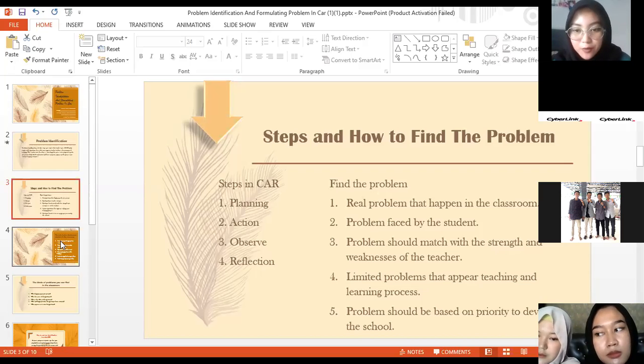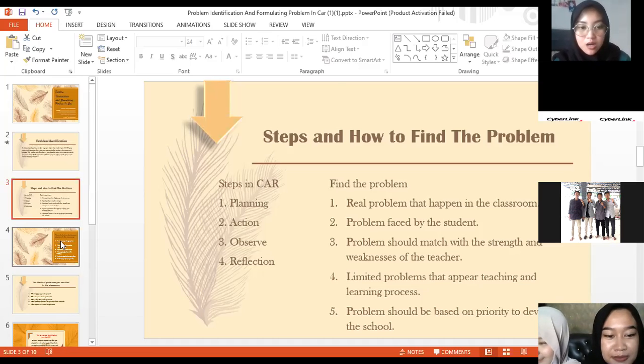And the fourth one, there is a limited problem that appears in the teaching and learning process. This research is called classroom action research, so the research is based in the classroom. This is also based on the problems that happen during the teaching and learning process. That's a limited problem and should be based on what happens during the teaching and learning process too.